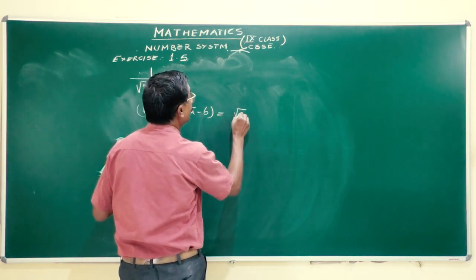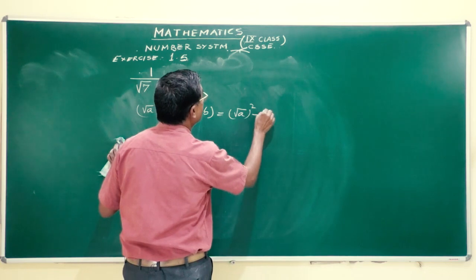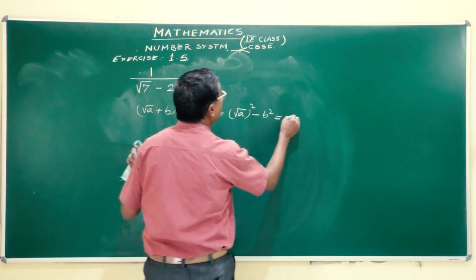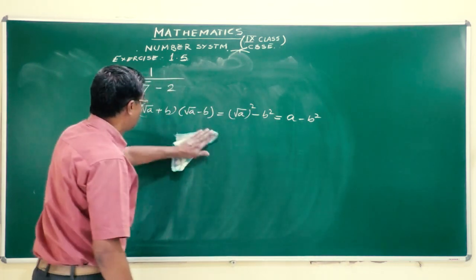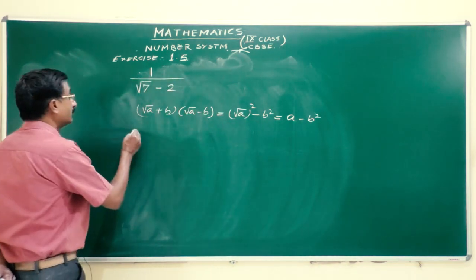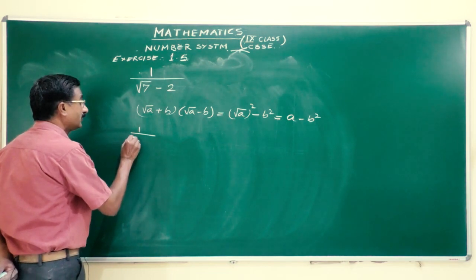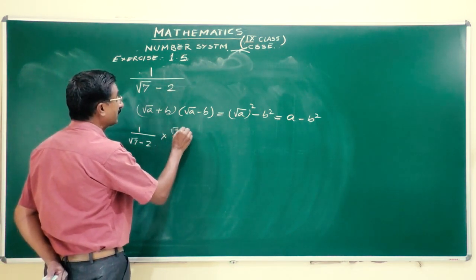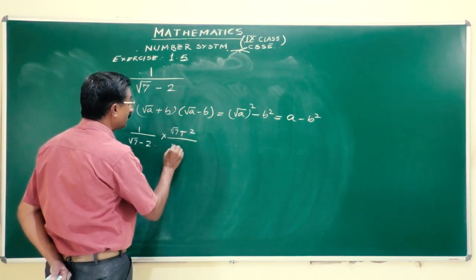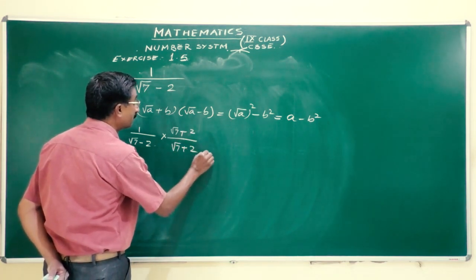So this is equal to under root a whole square minus b square, which is a minus b square. This is the identity we will use. So 1 upon under root 7 minus 2 multiplied by under root 7 plus 2 upon under root 7 plus 2.